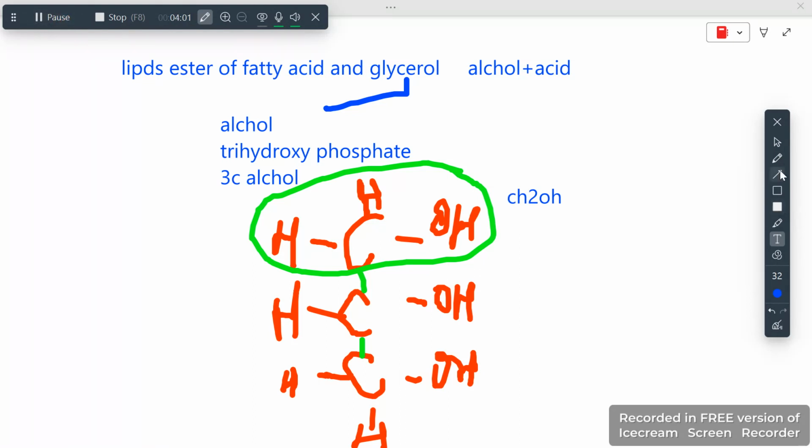So now let me take the pencil. If I write it like this, see, this is very small now. This is CH2OH. If you are not getting it, I am saying CH2OH.